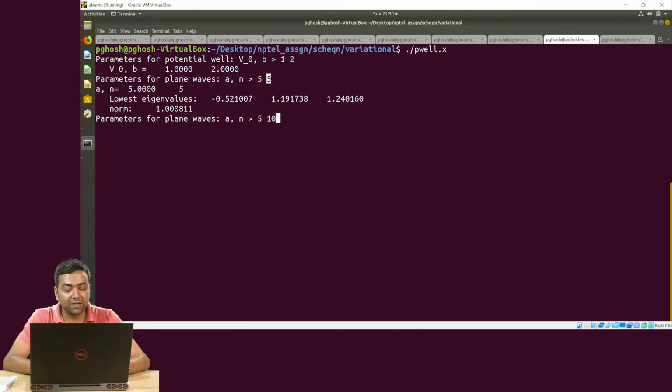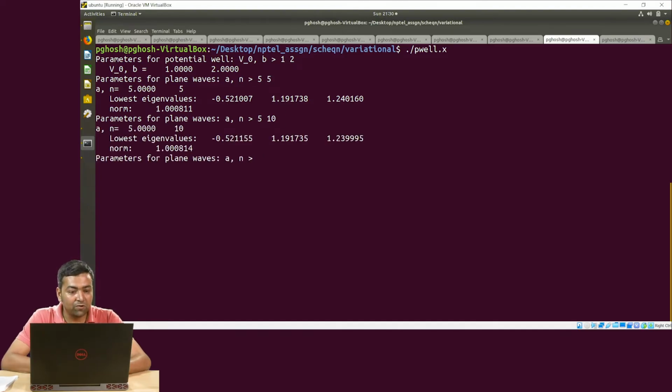What it means is that I have 21 plane waves now, and if I run my code, you see the eigenvalues are changing. The new lowest eigenvalue which I get is -0.521155, which is lower than the eigenvalue I got when I used 11 plane waves.